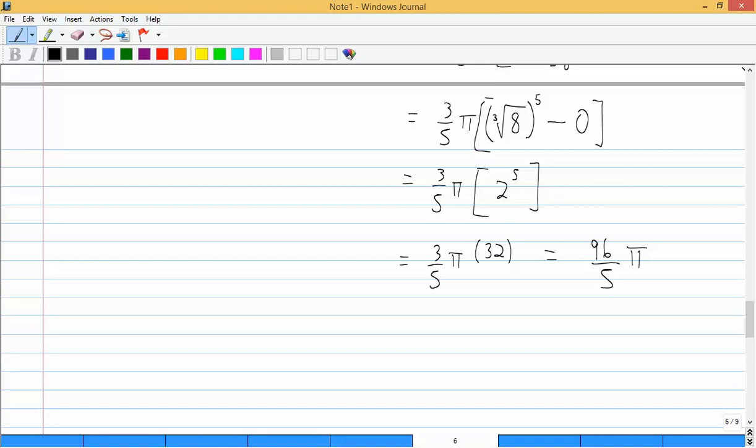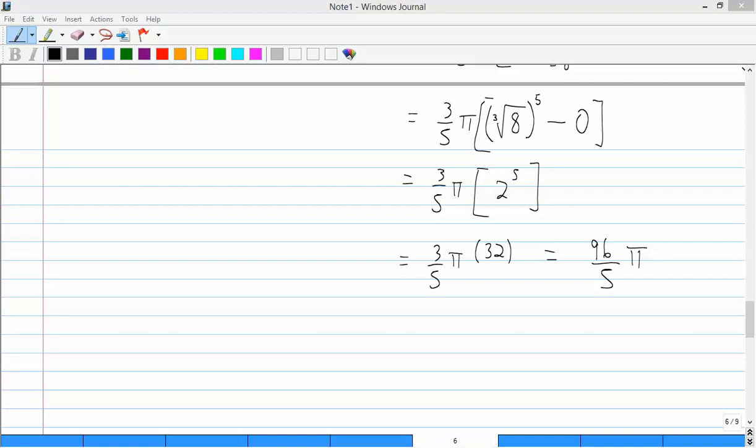Now, sometimes when we revolve a region about a line, it's not the x-axis or the y-axis. We can just revolve it about a line. It doesn't have to be one of the axes.